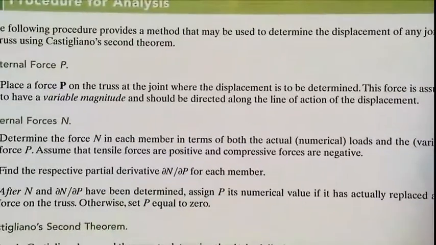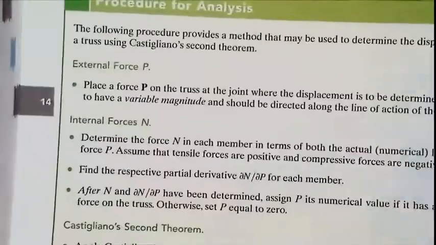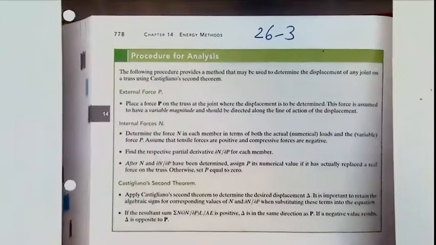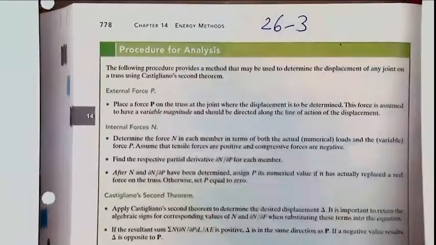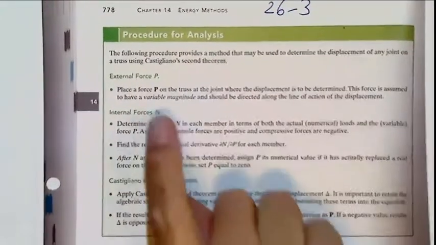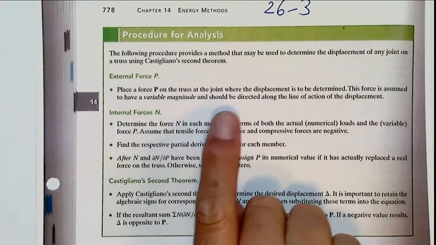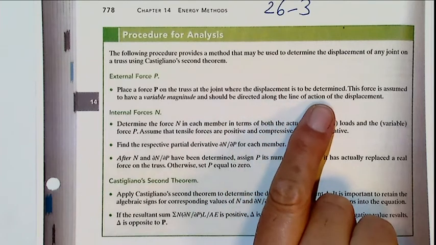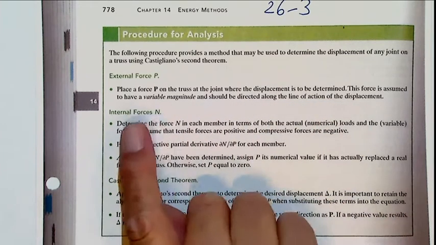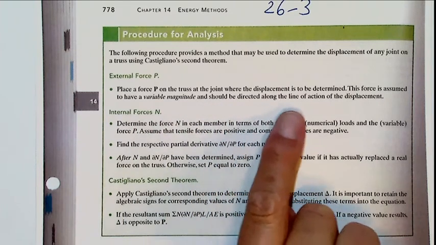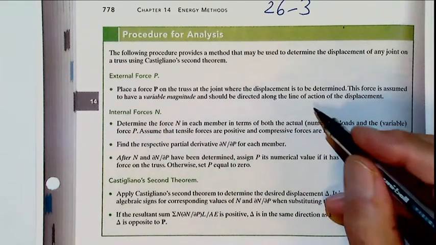Okay, what is the procedure for analysis? The procedure for analysis is as follows. Place a force P on the truss, for example, if you talk about a truss, at the joint where the displacement is to be determined. The force is assumed to have a variable magnitude and should be directed along the line of action of the displacement.